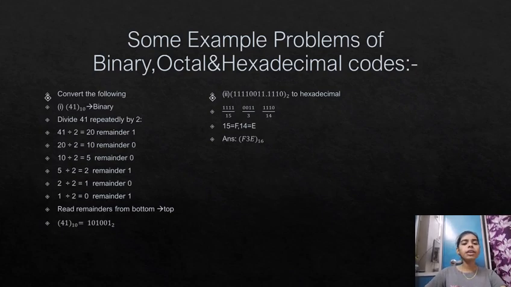The first one: convert 41 base 10 into binary. Divide 41 repeatedly by 2, and at last, read the remainders from bottom to top. In conversion to binary, we have to read the remainders from bottom to top.